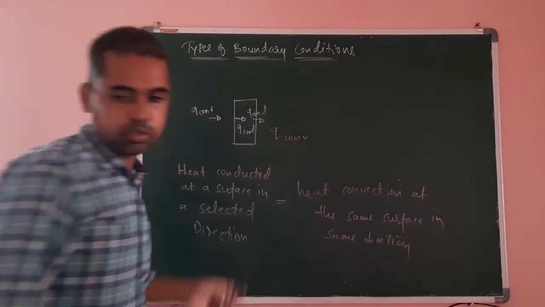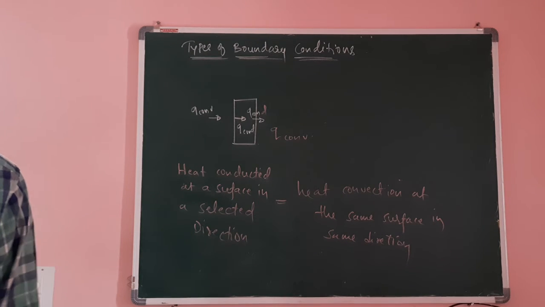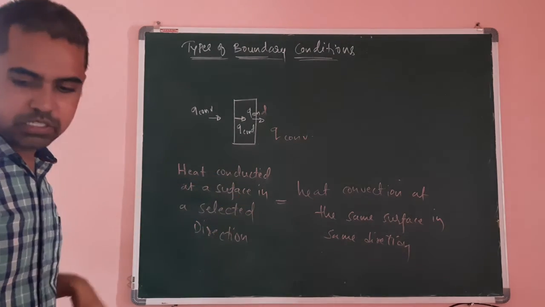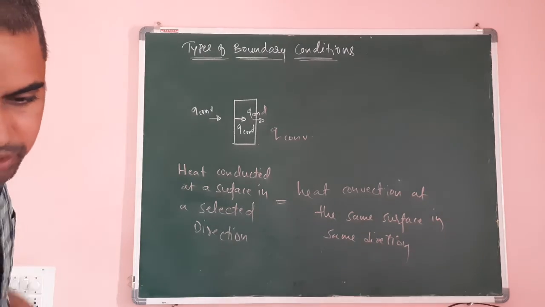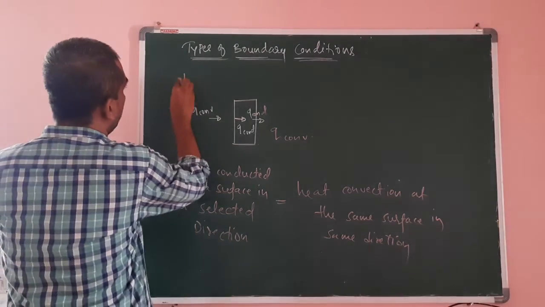These are the three types of boundary condition. There may be other types of boundary condition, but these are the important ones. This is called the third type of boundary condition.